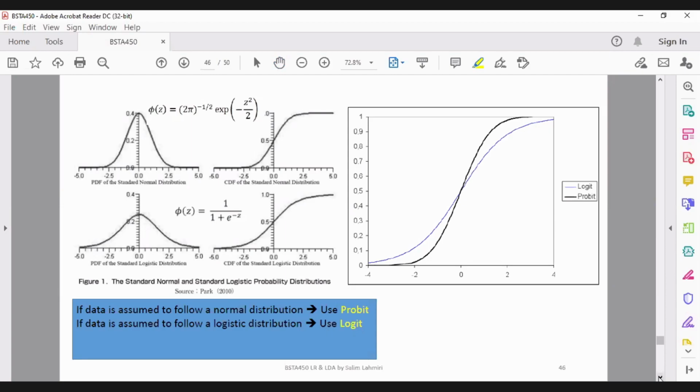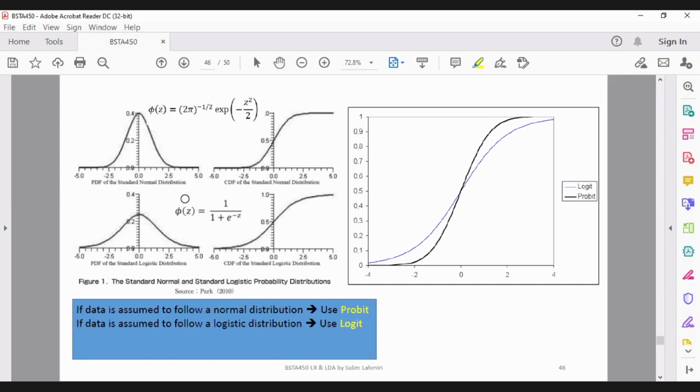You can also use a probit model. The probit model can be used instead of logistic regression. They are very similar. The difference is the notation of the function. So this is the notation of y equal 1 over 1 plus e to the minus zeta.